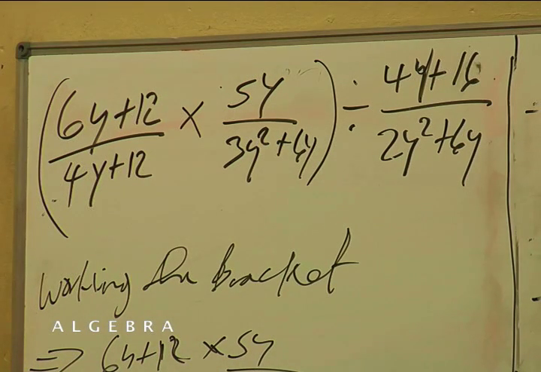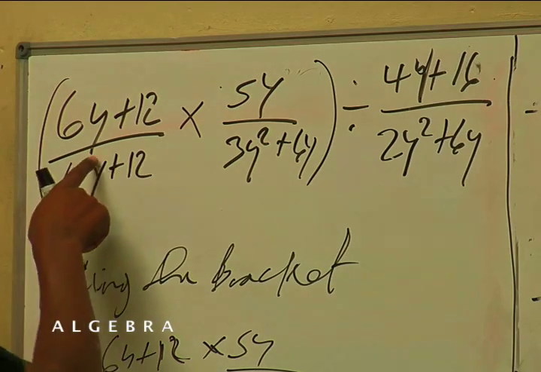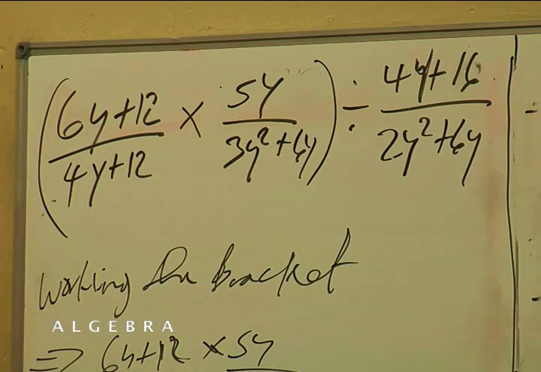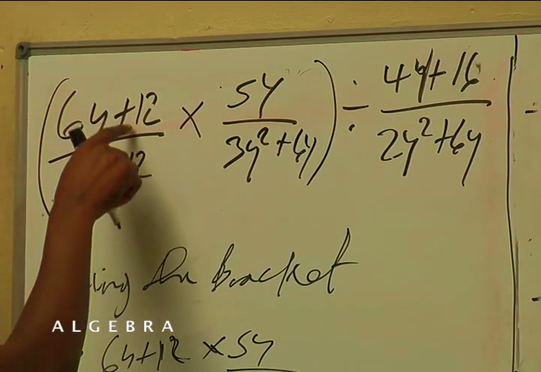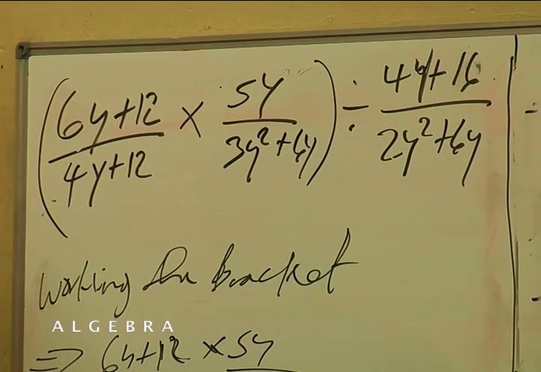All right. 4y plus 16, if I factorize that, I'm going to get 4 bracket y plus 4. That's not going to give me the same thing. I factorize this, I get y plus 3. Now it gives me the same thing. If I factorize this, I get y plus 2. Now I get the same thing.